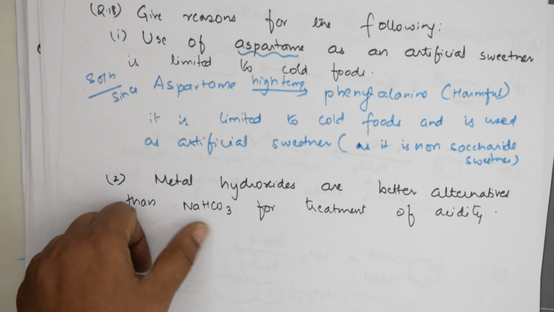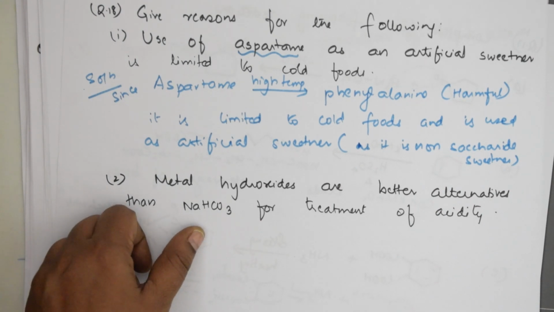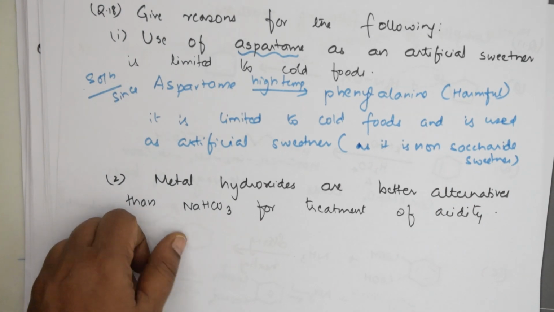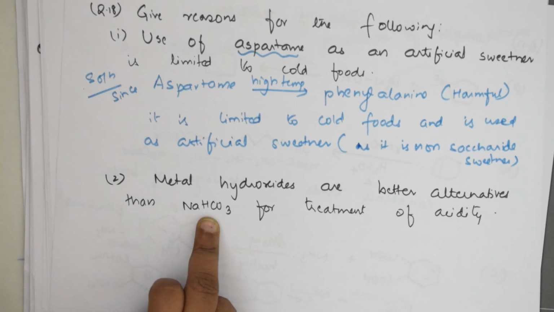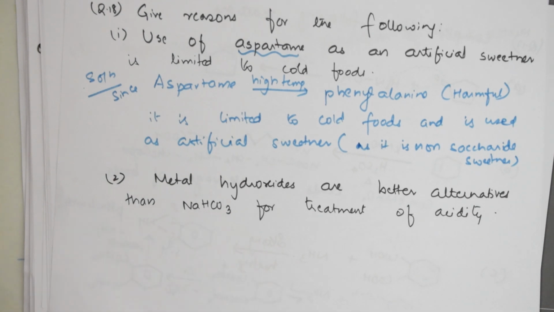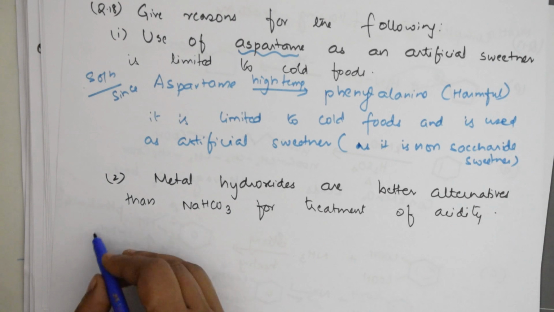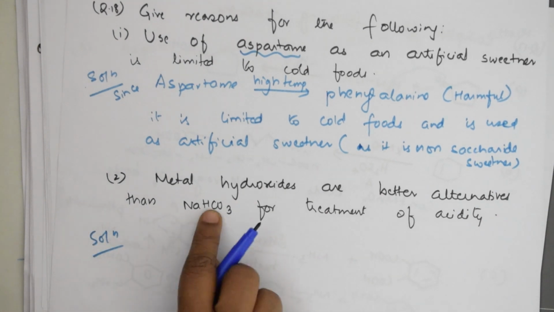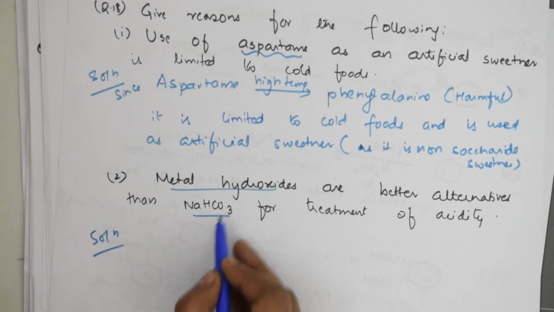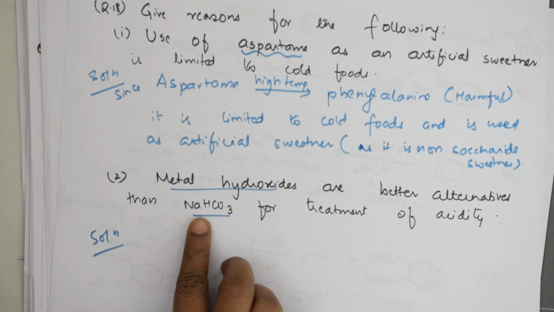Why are you not using sodium bicarbonate? So what will happen? Let's see. When I use excess of sodium hydrogen carbonate, what will it do? Let us start the reason from here.